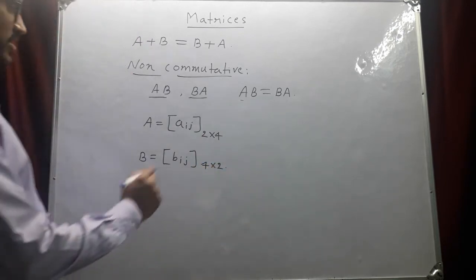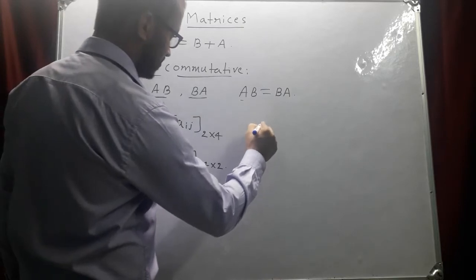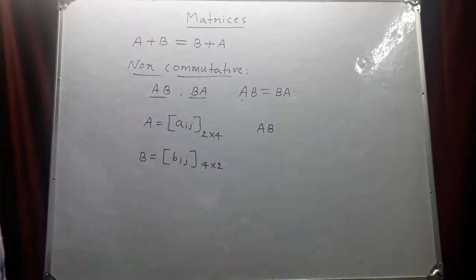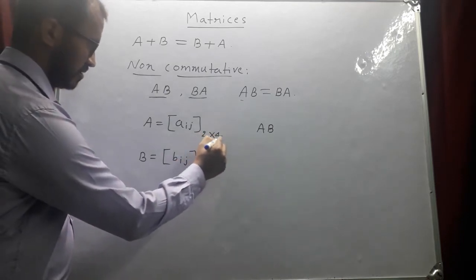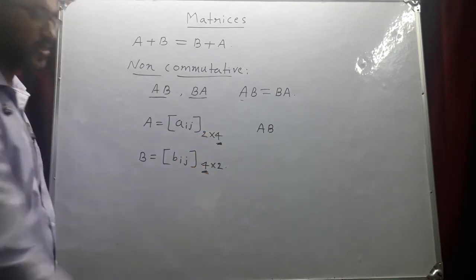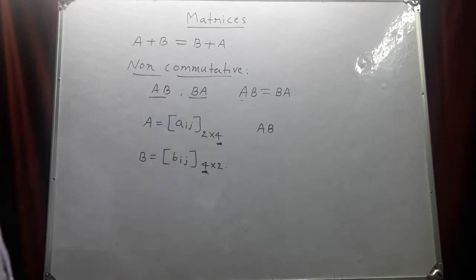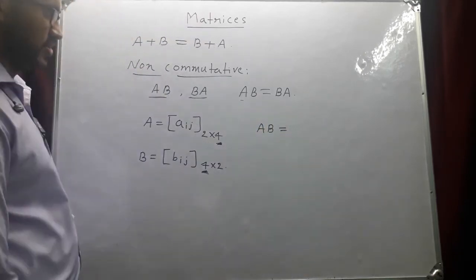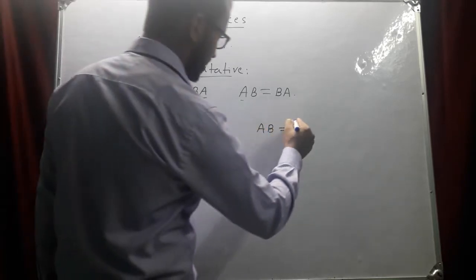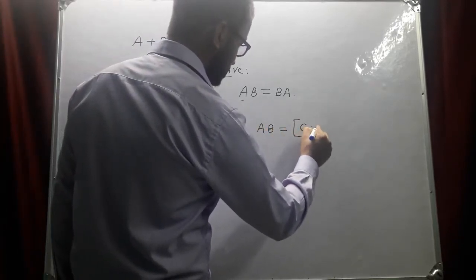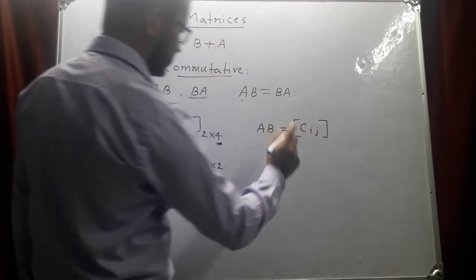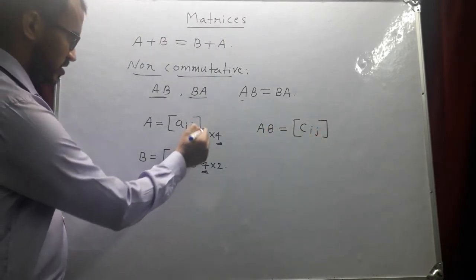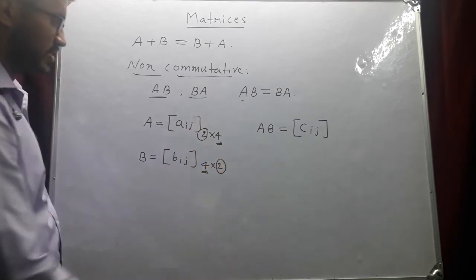Now the product AB is defined because, see here, the number of columns in the first matrix is equal to the number of rows in the second matrix. Suppose let us take the element of the product AB as some C, and the order of the product matrix AB will be, it is of the order 2 by 2.